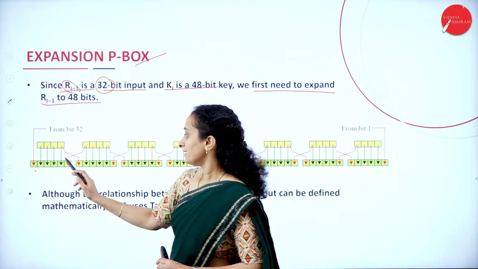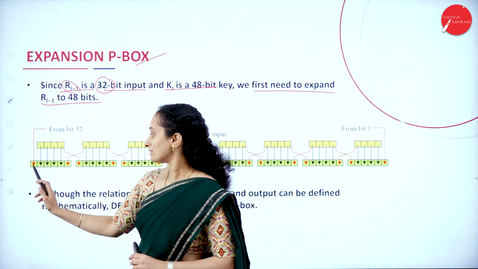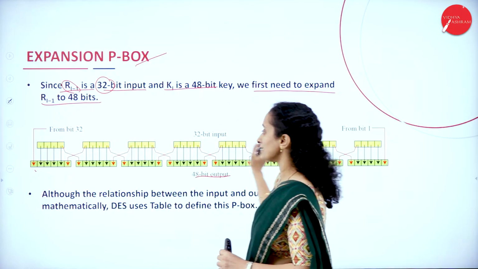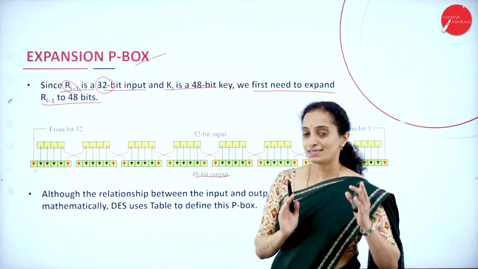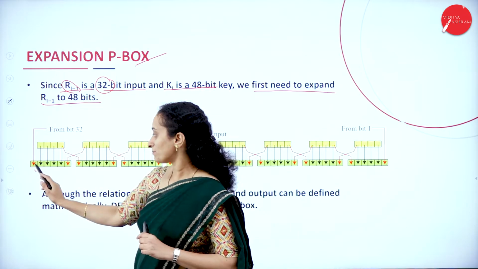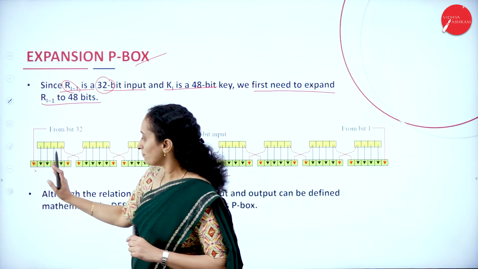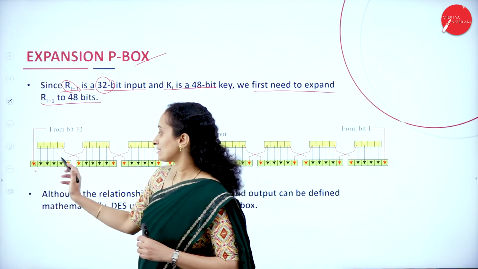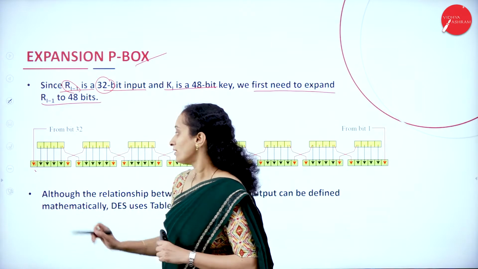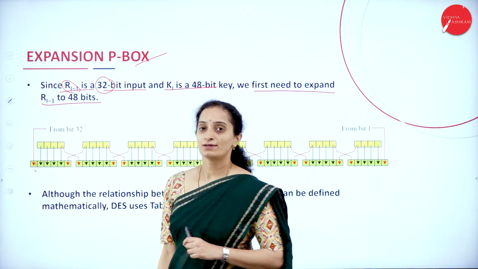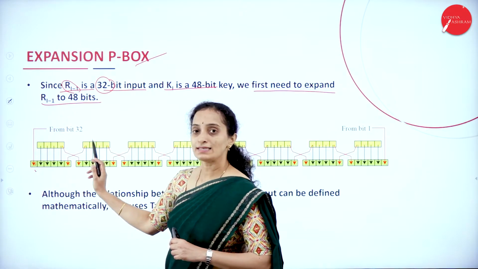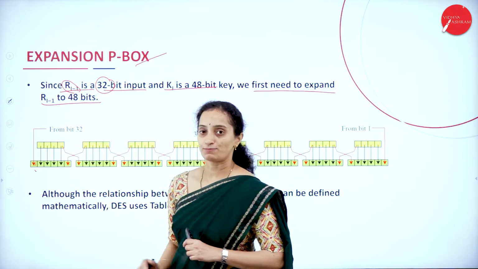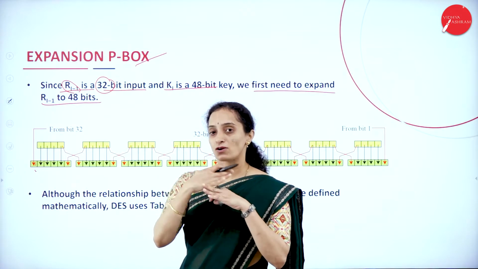The first bit of the output block is taken from the adjacent block. The first bit of the output block will be the 4th bit of the previous block, whereas the 6th bit in the output block is taken from the first bit of the next block. It will be like a cross.